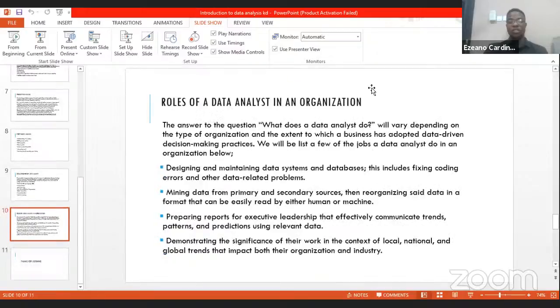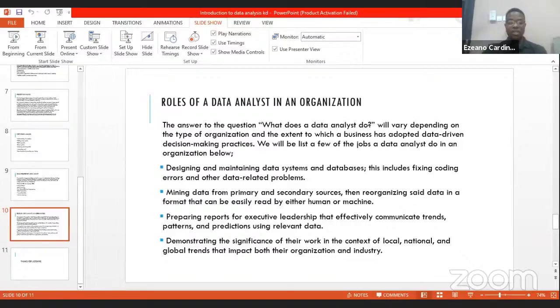The roles a data analyst plays in organizations. These are the roles, just a few of them. I didn't bring every role a data analyst plays in organizations. These are the ones I can lay my hands on. And they are designing and maintaining data systems and databases. This includes fixing coding errors and other data-related problems.